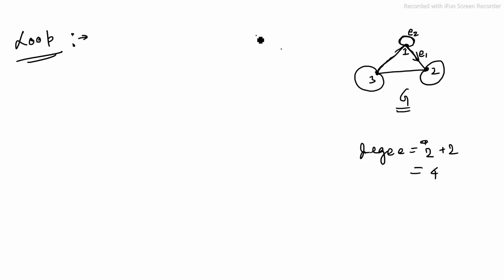If we draw the graph and only vertex 1 has a loop, and 2 and 3 do not have a loop, then the degree of vertex 2 is only 2 because 2 vertices are adjacent, and the degree of 3 is also 2.